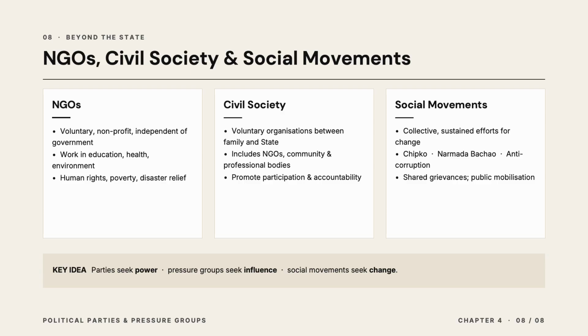And then we have the social movements, collective sustained efforts for change. The Chipko movement, Narmada Bachao Andolan, and the anti-corruption movement. Have you guys ever heard of them? I guess you guys are very young, okay? Around 2011, when I was in class 8 or 9, Anna Hazare used to protest. Every newspaper would contain the picture of Anna Hazare.